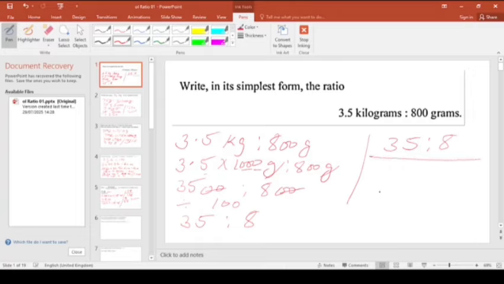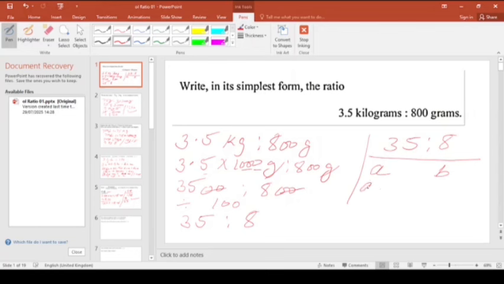Also we are going to clear some concepts on ratio. Let we have two quantities A and B. One quantity is A, the other one is B, and we express them in ratio in many ways.